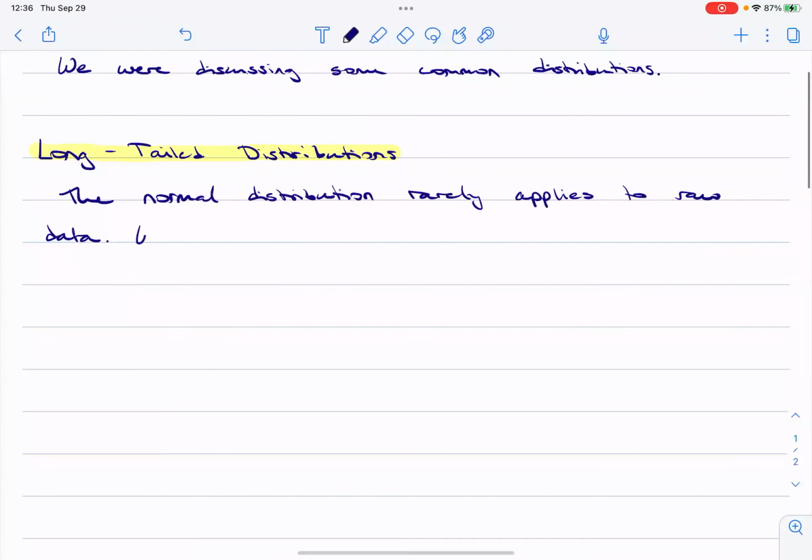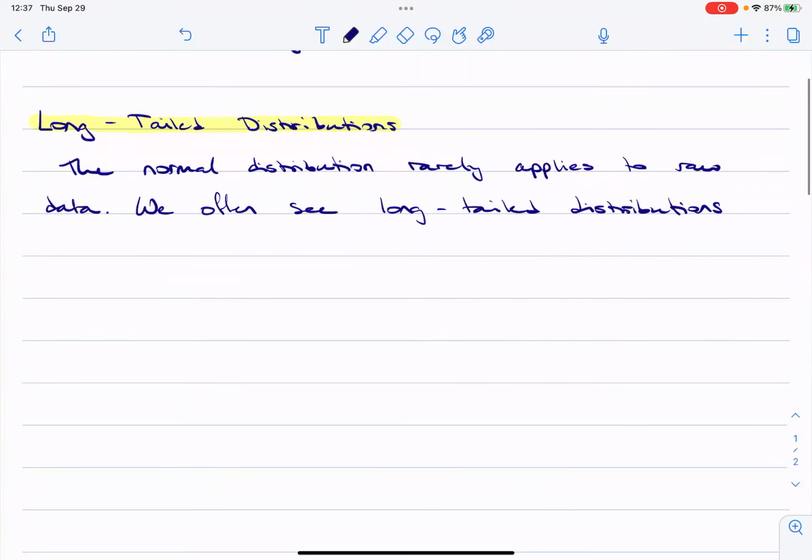Okay, and so we often see long-tailed distributions instead of perfectly normal distributions.